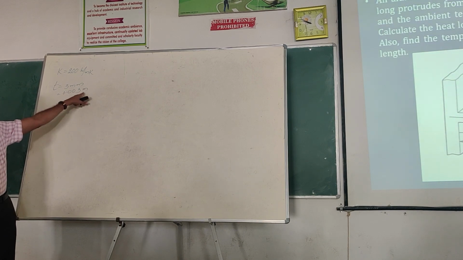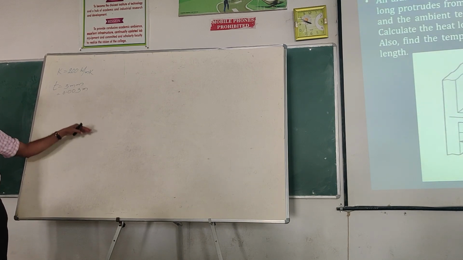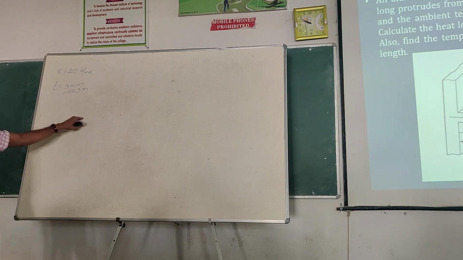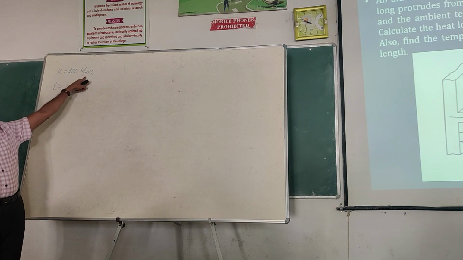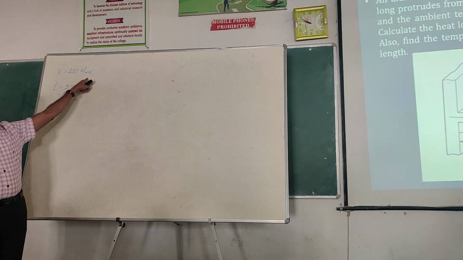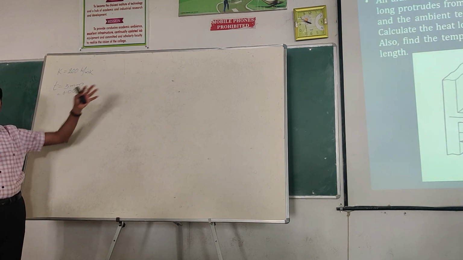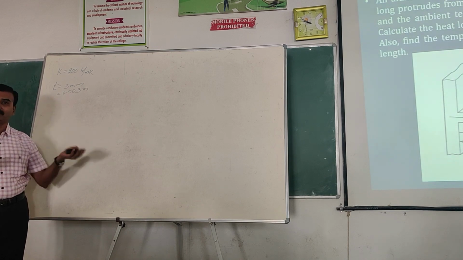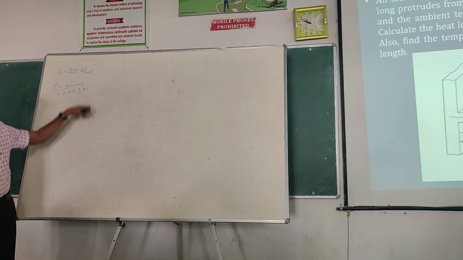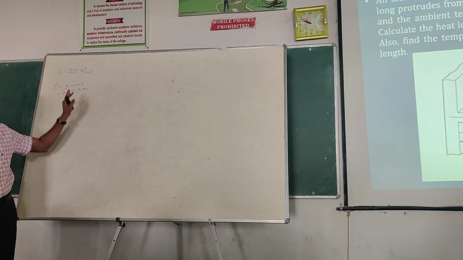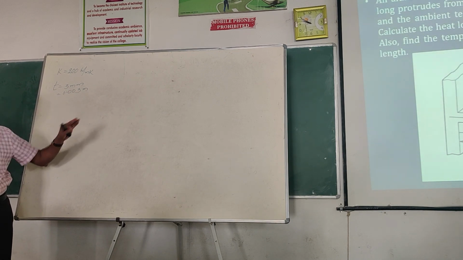Why should we get into meters or any other consistent units? Please remember, thermal conductivity is not in watts per mm Kelvin, it's watt per meter Kelvin. So in the formula that you are using, you will be multiplying or dividing K, h, any of these. So there must be consistency, right? Otherwise your problem will go wrong.